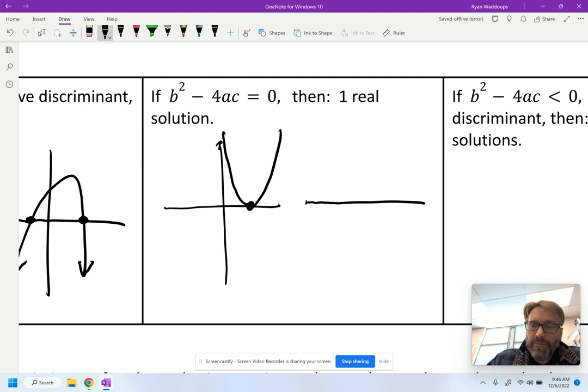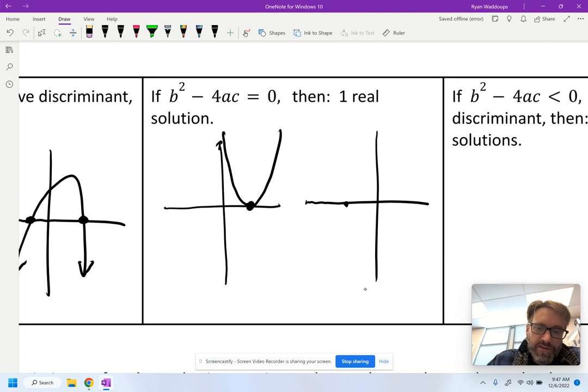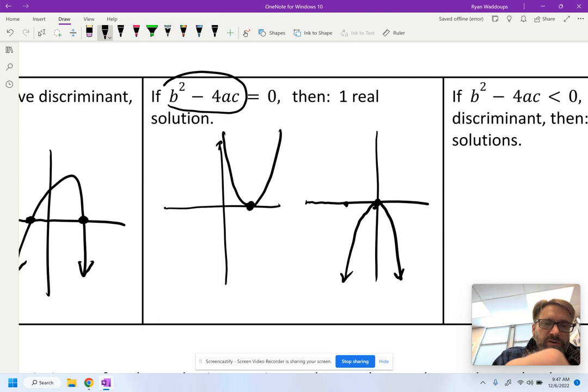Or it could also be facing downward, and it could look like that, or it could also be on the positive side, or for that matter, it could also be just right in the center. But it's going to be just touching the x-axis in one spot. And that's what happens when your discriminant is equal to 0.